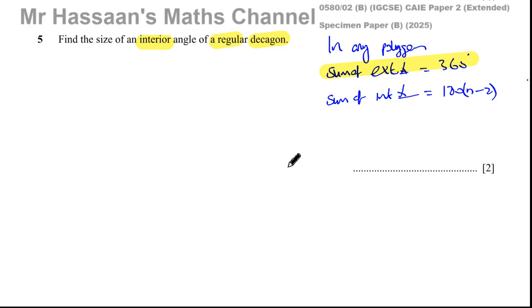But before we get to any of that, we have to know how many sides a decagon has. It's not given to us in this question, and it's not given to us in the formula sheet. We have to know that. So we should know the polygons, at least up to 10 sides, maybe 12 sides, and their names and how many sides they have.